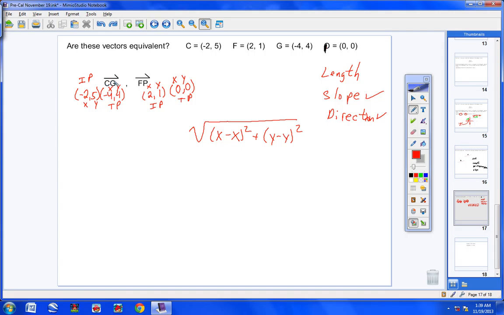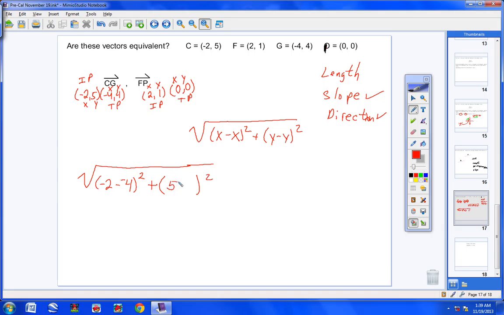vector CG. So first of all, I have the square root of x minus x. So here's my x, negative 2 minus a negative 4, squared. And then the formula says put a plus sign, and then y minus y squared. Well, let's see. Here's my y and here's my y. 5 minus 4, squared.